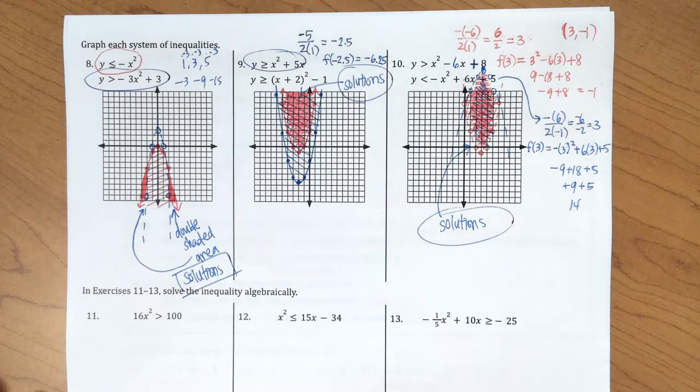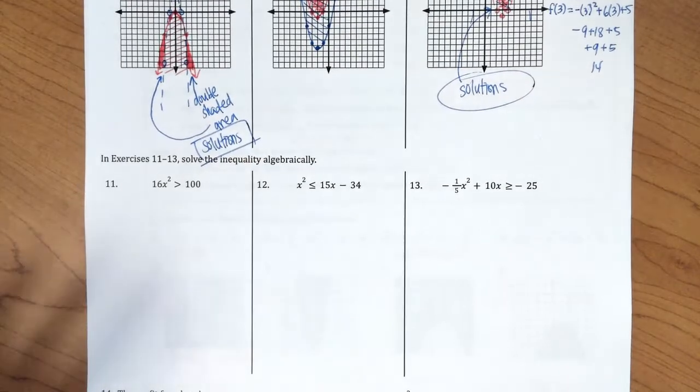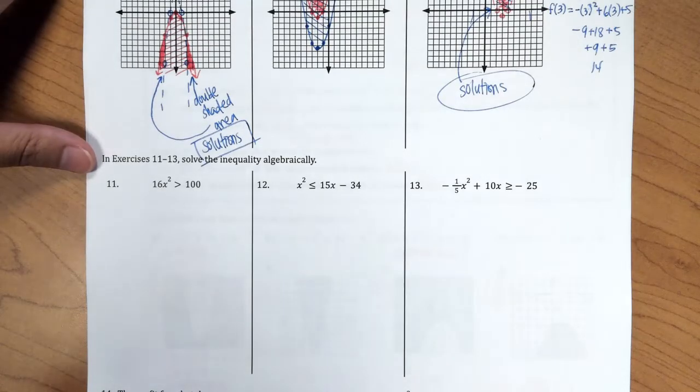So now let's solve the inequality algebraically. This one's a little bit interesting. We're going to solve as if everything is exactly the same. We're trying to get x by itself.